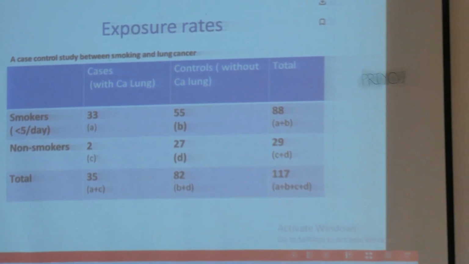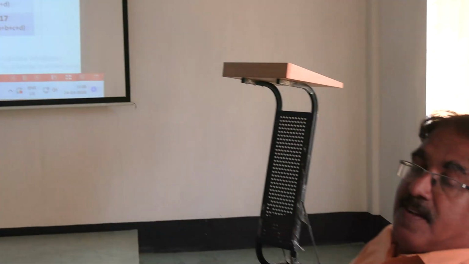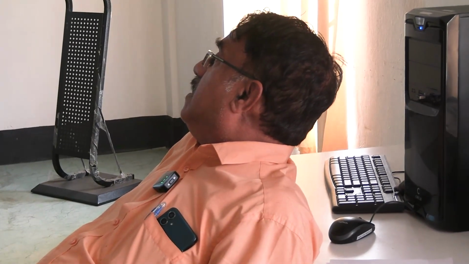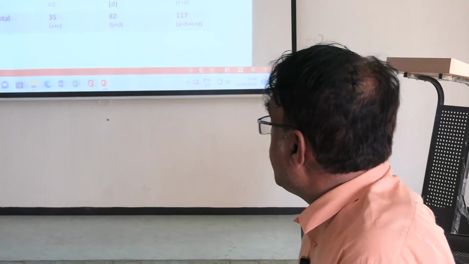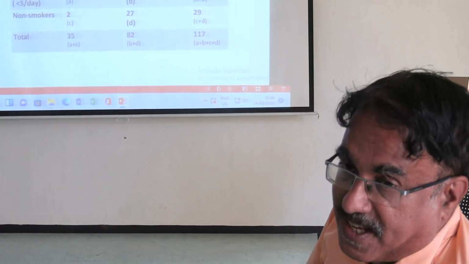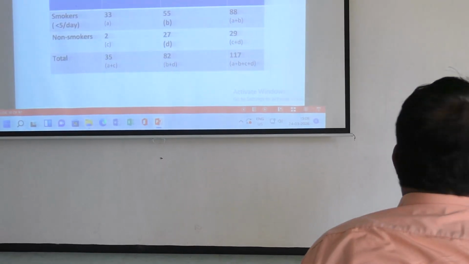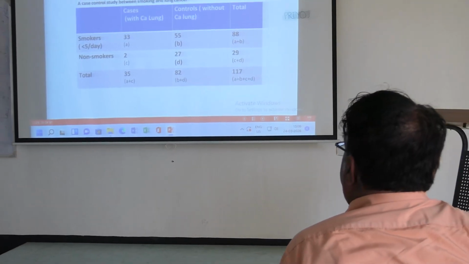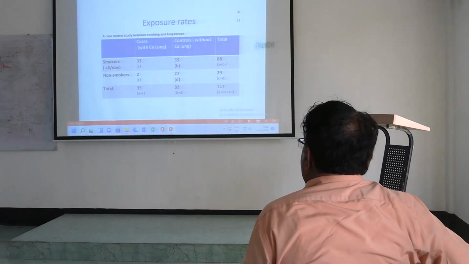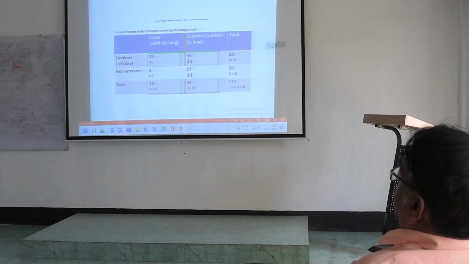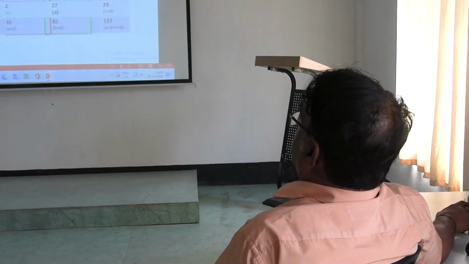How many smokers have lung cancer? 33. How many lung cancer cases are there? 35, out of which 33 are smokers and 2 are non-smokers. So we have 29 non-smokers and 88 smokers, all smoking for more than 5 years. So this is the same thing.